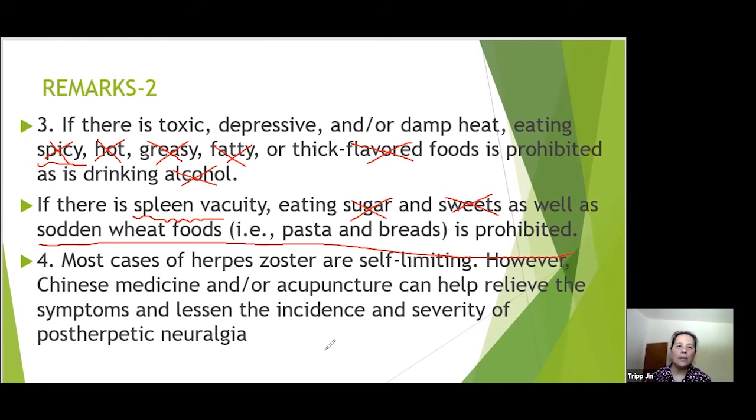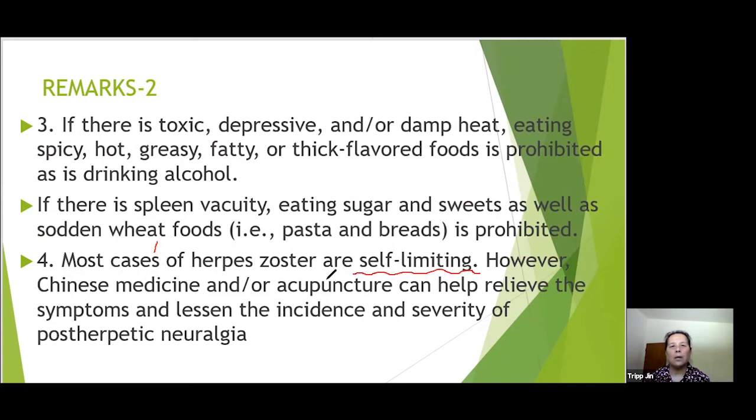For this illness, the main problems are skin rash, blisters, and pain. Generally speaking, the skin rash and blisters can heal by themselves, whether with treatment or without treatment.